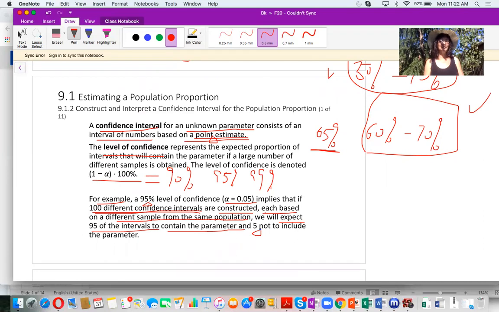So that is the meaning of 95% level of confidence.